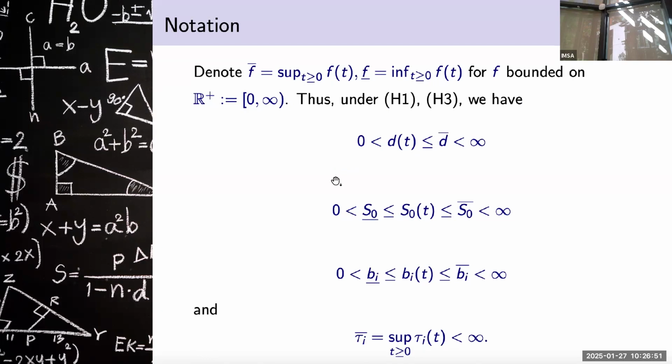So we have the supremum like this, the infimum like this, and then we deal with some notation that appears here. Here we have this f bar above, it will be the supremum, and the f bar below will be the infimum function. And since we're dealing with bounded functions, they are well defined.